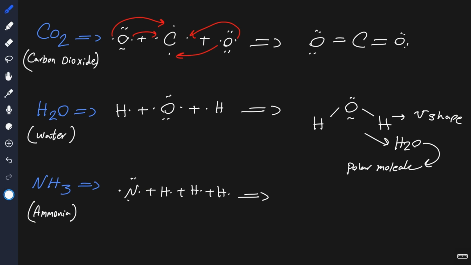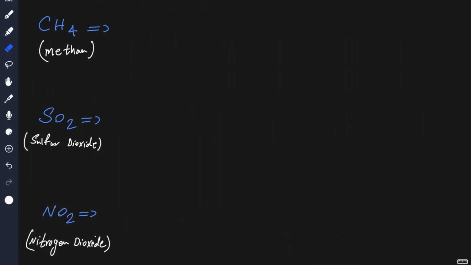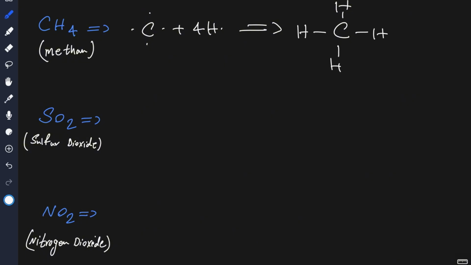Its final form is like that. So methane, CH4. The central atom is C, belongs to group 14, has 4 valence electrons, and 4 H. The final form is C, 2H, 3H and 4H.